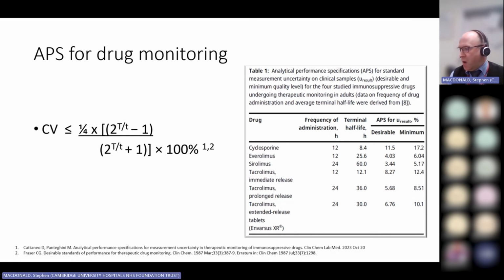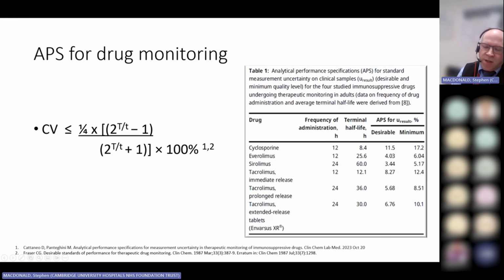And as such, again, hot off the press, very recently in 2023, Cattaneo and Pantaghini produced a number of desirable analytical performance specifications based on this hybrid model, using the elimination half-life and the dosing regimens of the drugs.